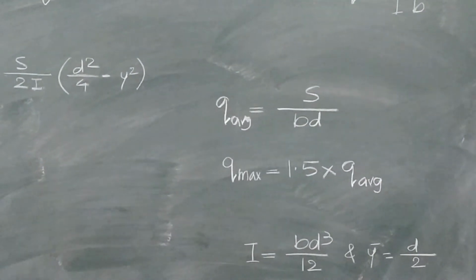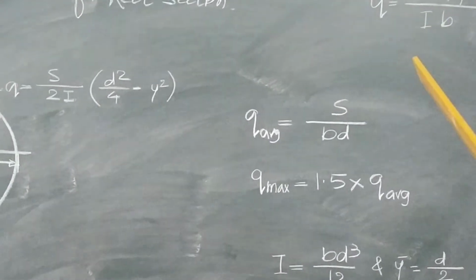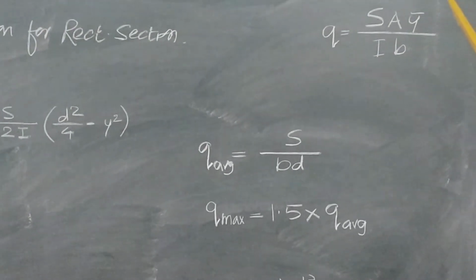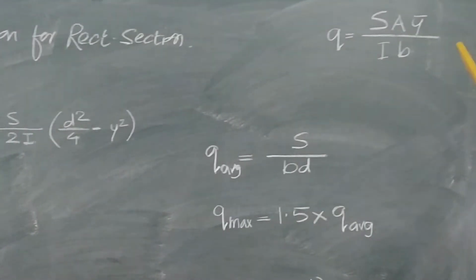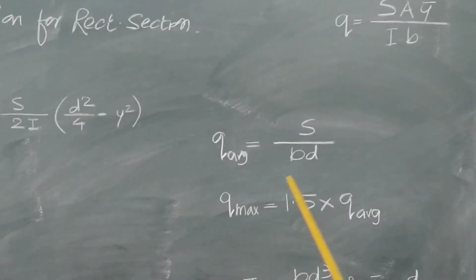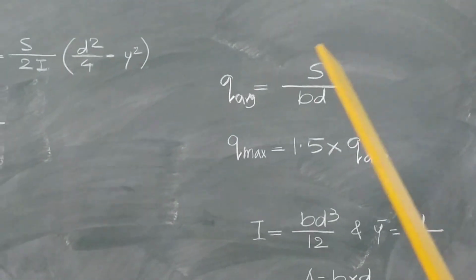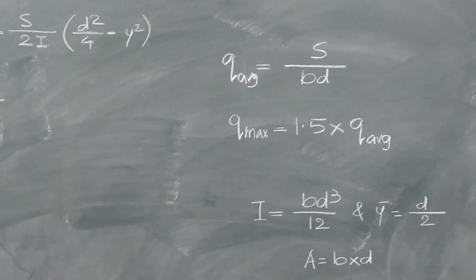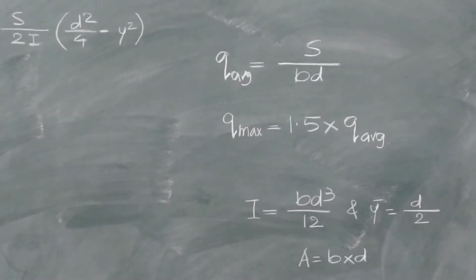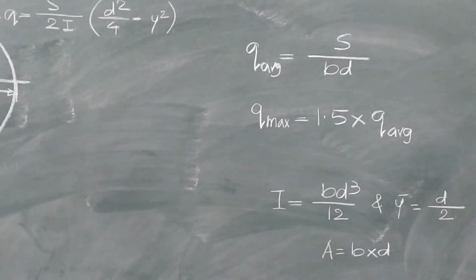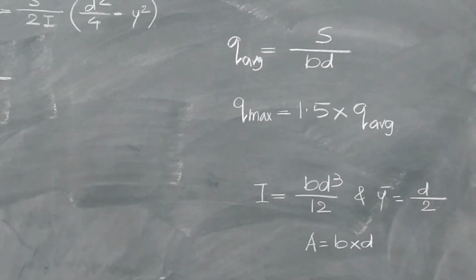For solving numericals, you do not need to prove this formula. Using this, Q is equal to S A y bar upon I B, Q average is equal to S upon B D, and Q max is equal to 1.5 into Q average.